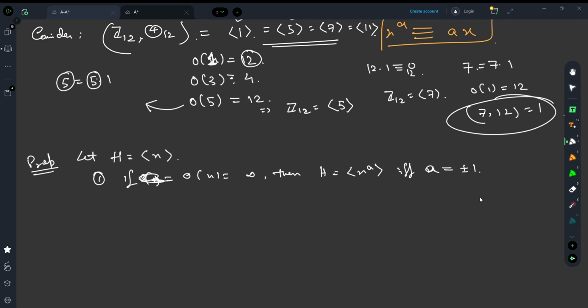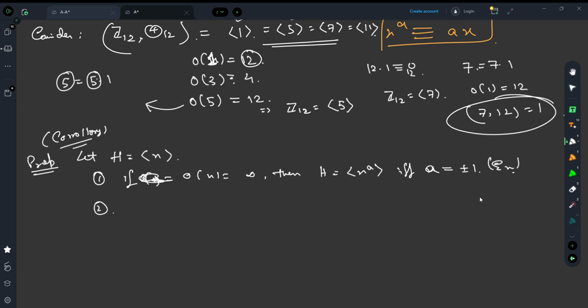This statement is quite obvious because A cannot be brought to any other power and yet generate H. You can check this as an exercise. Obviously, this comes out as a corollary of what we proved. Okay, clear.